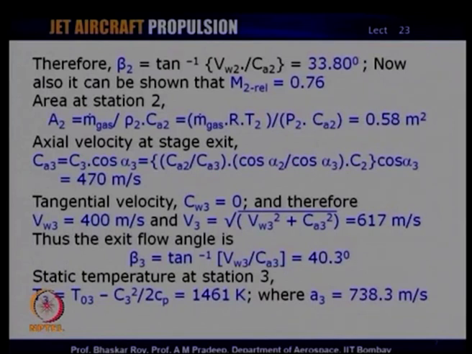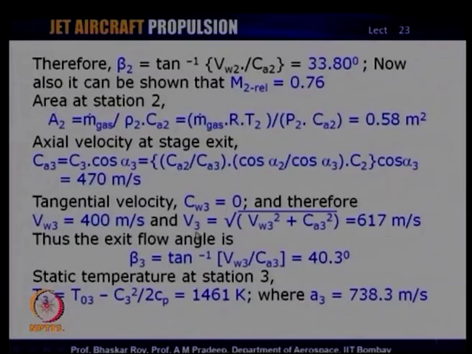Now, at the exit again it is being prescribed that alpha 3 is 0. So, C W 3 would again be 0, and therefore, the value of V W 3 would be equal to the rotating speed of the rotor, and that is 400 meters per second, and the corresponding relative velocity leaving the rotor would be 617 meters per second.